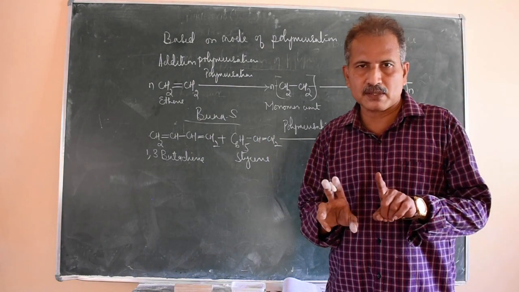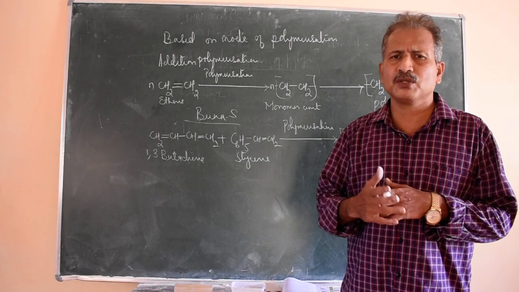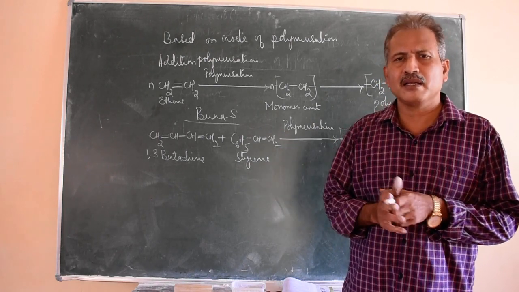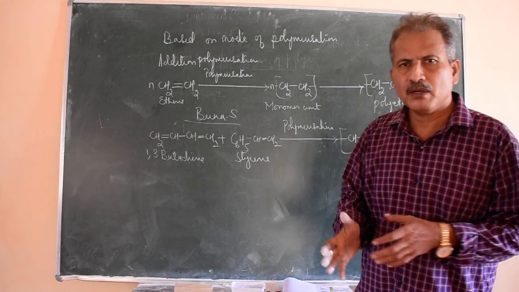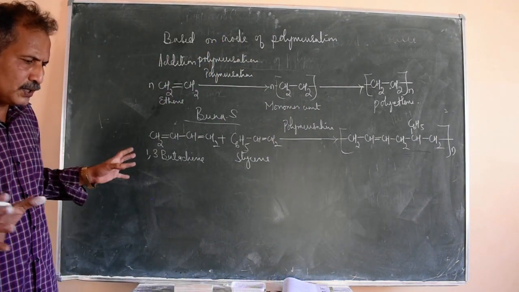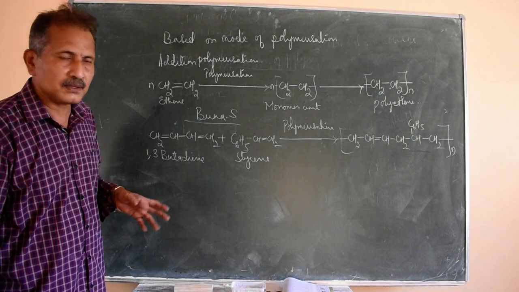We combine two things by elimination of a water molecule or an OH group, or something like HCl can be removed. So you combine two things by liberation of a water molecule, normally is called condensation. So joining two things by liberation of a water molecule becomes condensation.